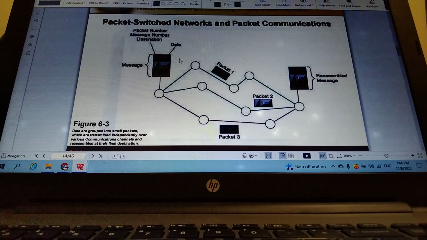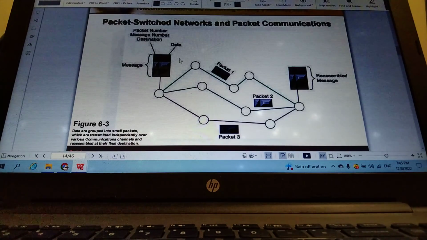As you can see, there are route 1, route 2, route 3. Packet 1 is being routed using route 1, packet 2 is being routed using route 2, and so on. So once all these packets are received at the end, it doesn't matter in which sequence, which comes first.